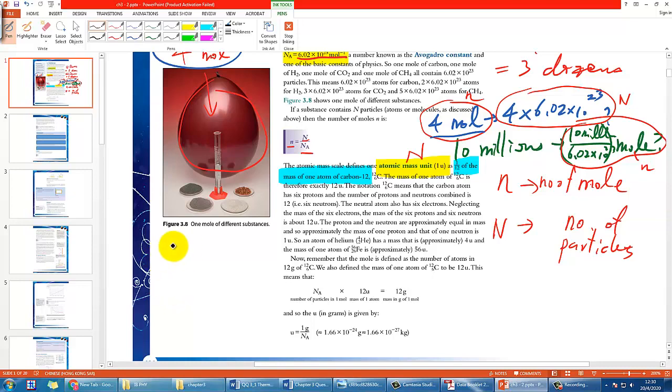Just like the definition of 1 kg in the past relied on a chunk of big metal in a laboratory around the world. In case you know about the 1 kg definition, it was changed I think 2 years ago. But anyway, here we use the mass of one atom of carbon times 1/12, simply because carbon-12, which is the most available carbon in the world, has 6 protons and 6 neutrons in the nucleus.